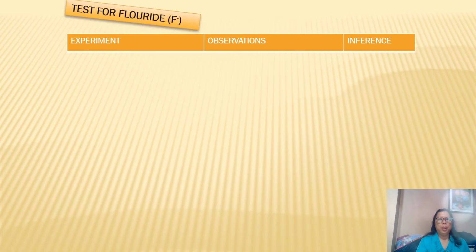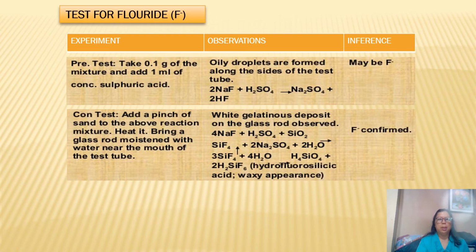And then we have here the test for fluoride. When added with sulfuric acid, an oily droplet, sort of oily in nature, is formed at the sides of the test tube.